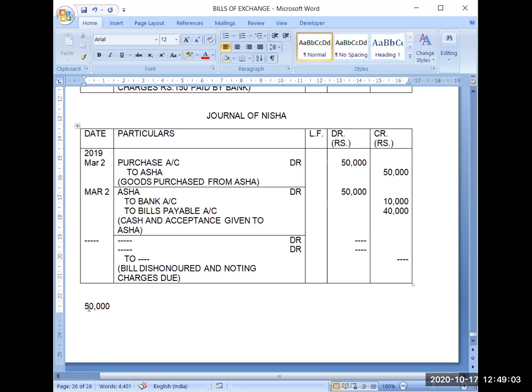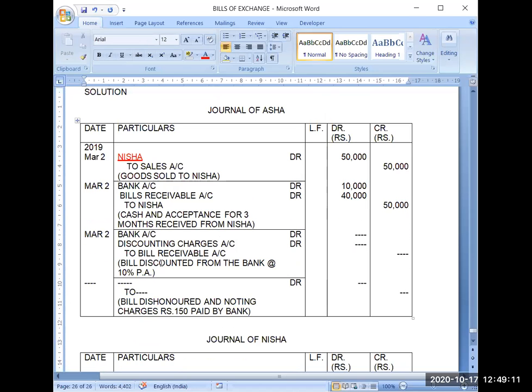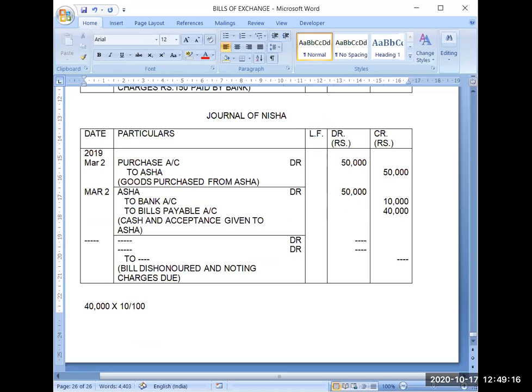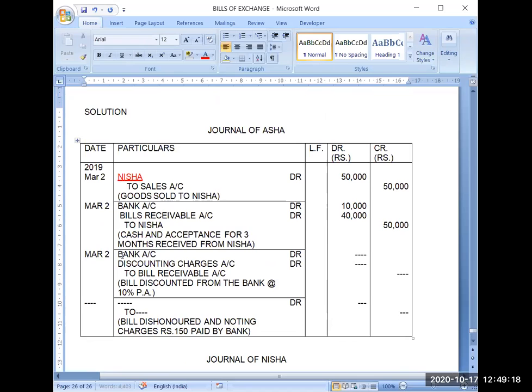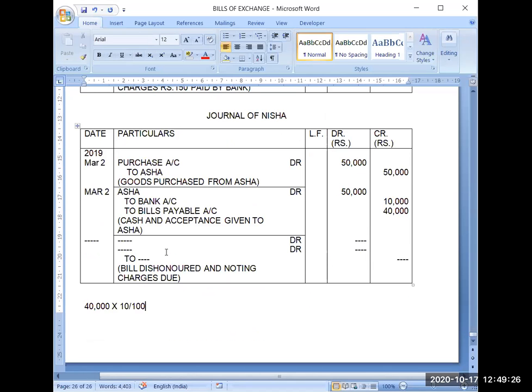So on 40,000, you can write a proper working note for that, multiplied by the discounting rate given here, 10% per annum, 10 upon 100. Now see the tenure of the bill. The tenure of the bill is available in this narration, 3 months. So 3 months time is there.